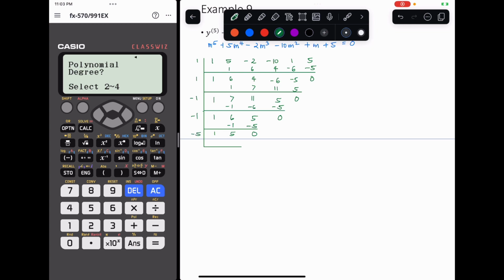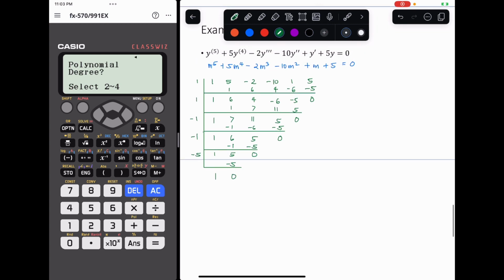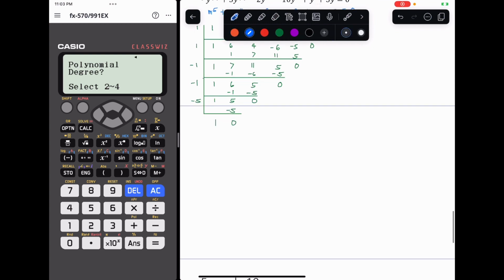I could have a negative 5. So bring down 1. So negative 5, 0. So our m then: m1 is the same as m2, which is positive 1. Our m2 is the same as m3, or m3 is the same as m4, which is negative 1. And then our m5 is negative 5.